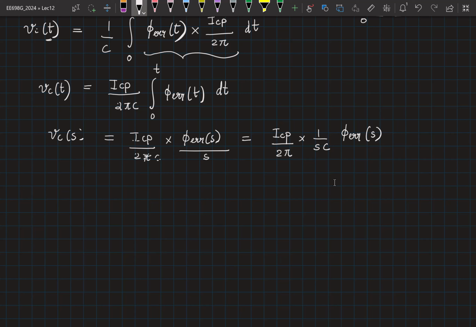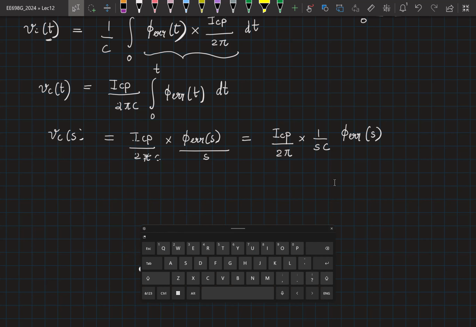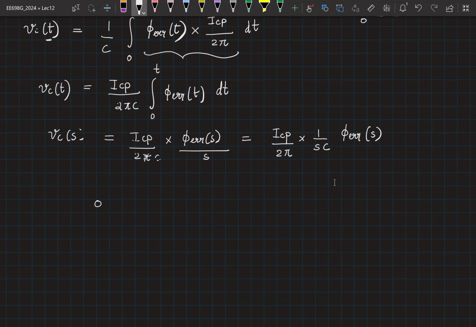Now I can sketch the model for this. First let us generate the phi error of s. So the small signal phase in the reference. I have to subtract the small signal phase in the output from this. This gives you phi error of s.